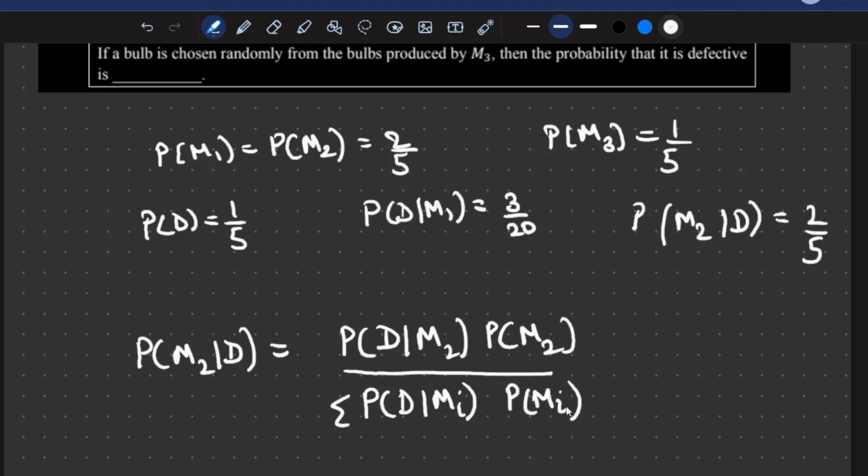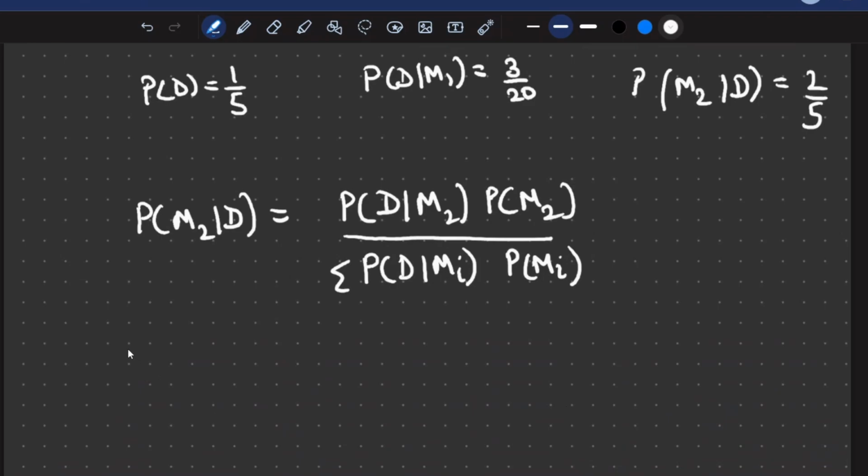Okay. So this thing is given to us, right? 2 by 5 is equal to probability of M2 given defective. So let us call probability of defective given M2 as Y. Okay. And probability of defective given M3, let us call it Z.